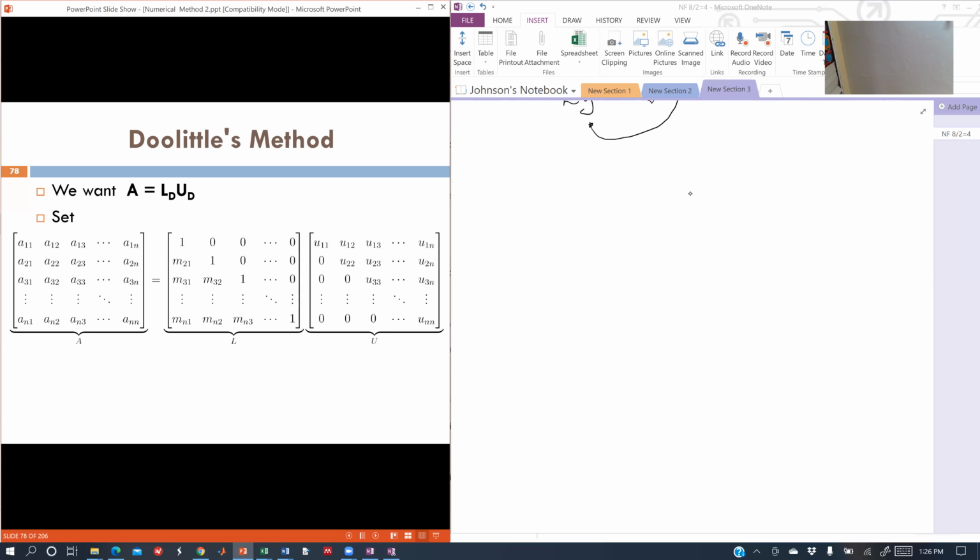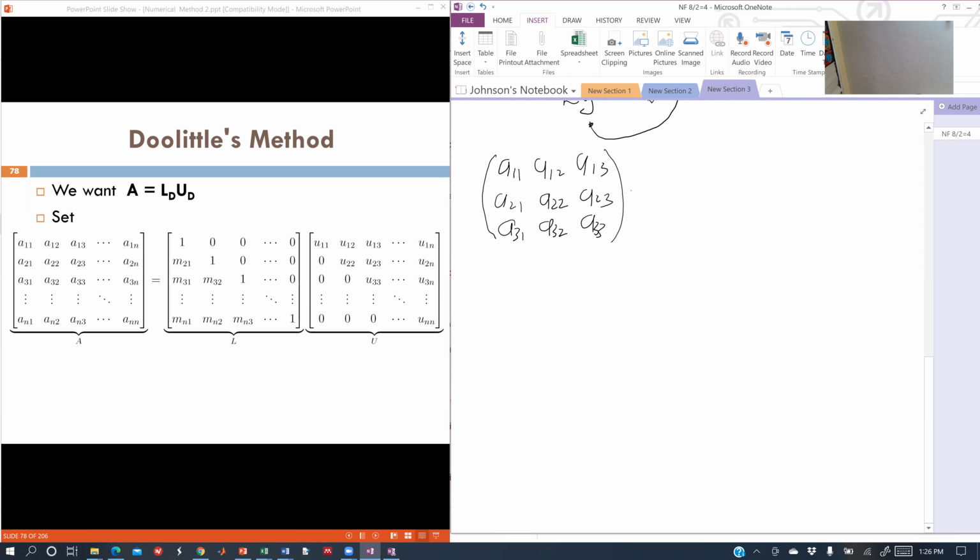And this, as you see on your screen, is how Doolittle does the decomposition. Let me use a smaller matrix to explain. This matrix, I have A11, A12, A13, A21, A22, A23, A31, A32, and A33.